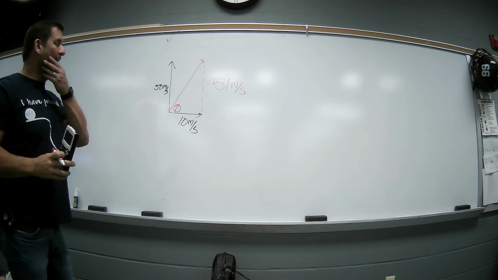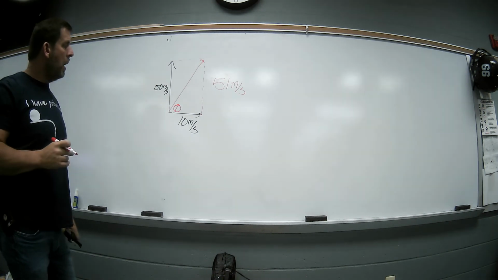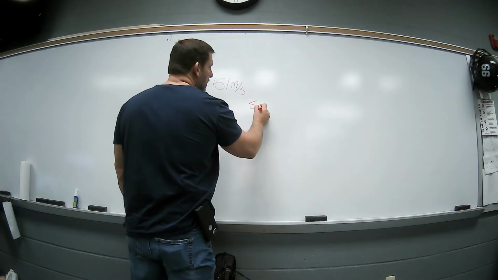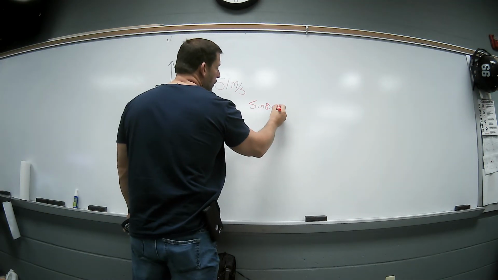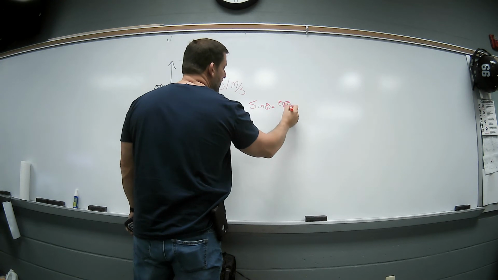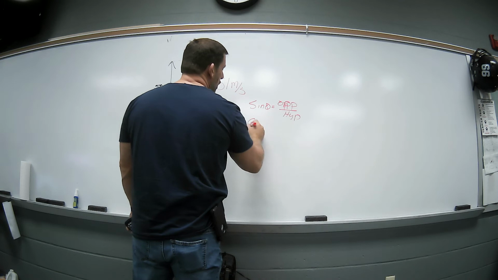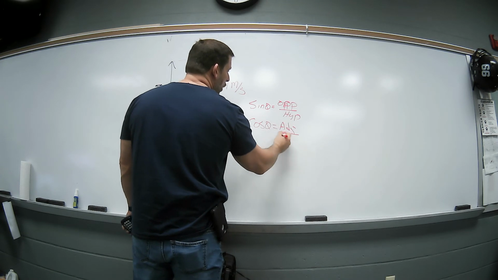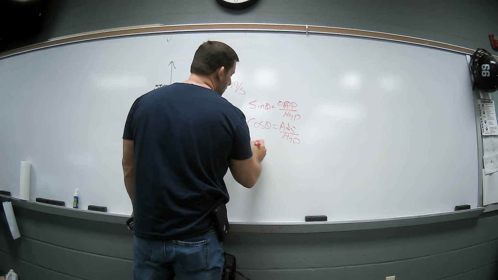So I want you to think about this. I'm going to have to put this to the side. Sine of theta is equal to opposite over hypotenuse. Cosine theta is equal to adjacent over hypotenuse.